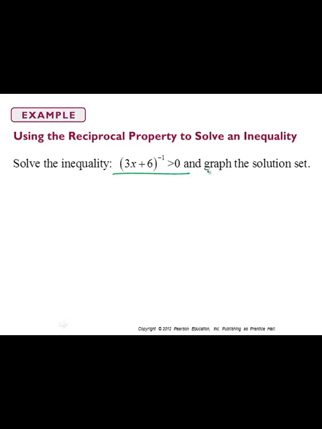Suppose that we have this inequality here. 3x plus 6 to the -1 power greater than 0. Now, that means 1 over 3x plus 6 greater than 0.